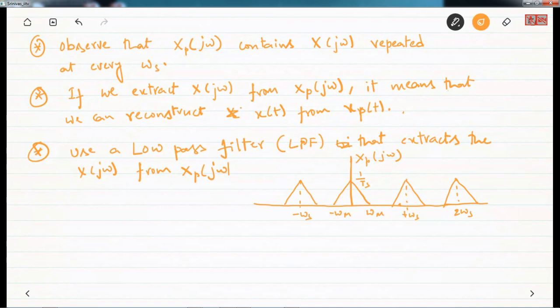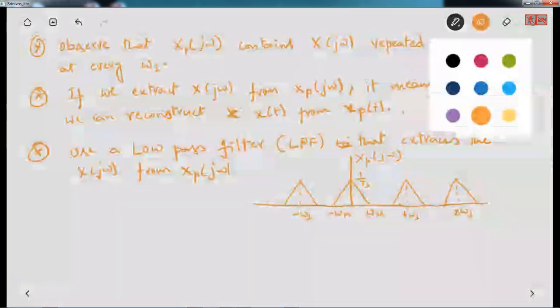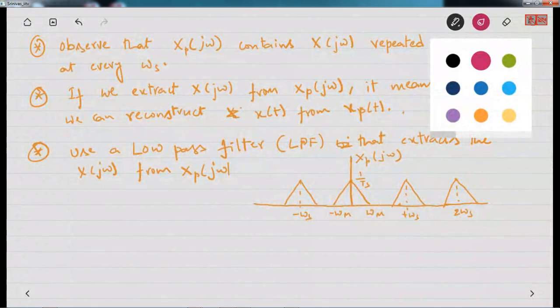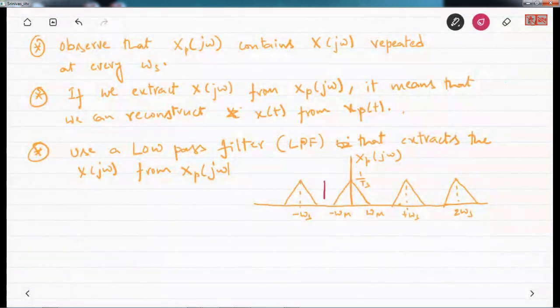So what I'm trying to say is, we know that our x of j omega has an amplitude of 1 here, and it's exactly equivalent to this triangle. So you put a filter here, a low pass filter. What we want to extract out is this portion. So simply put a filter here.